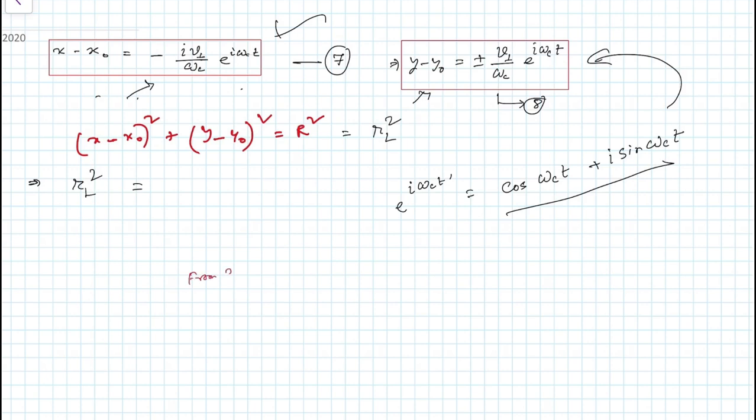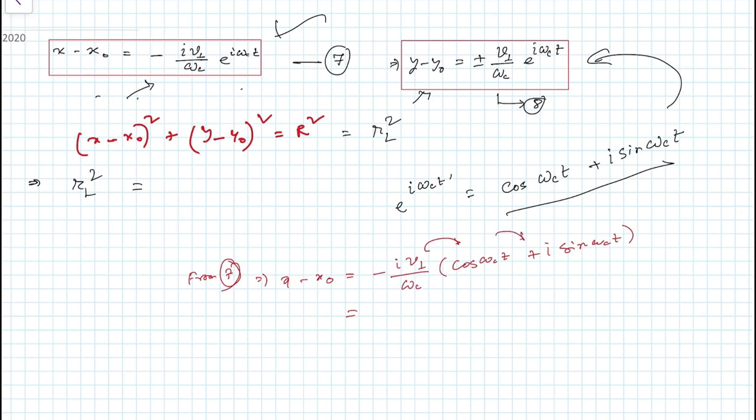Then from equation number 7, we will get x minus x naught equal to minus i v perpendicular by omega c into e to the power i omega c t, which is cos omega c t plus i sin omega c t.